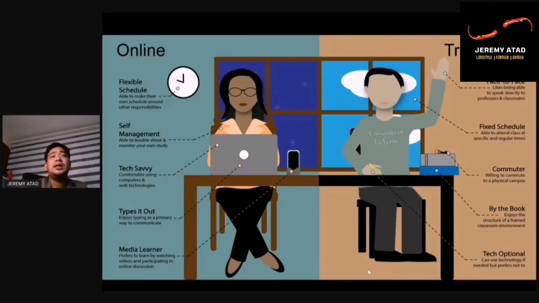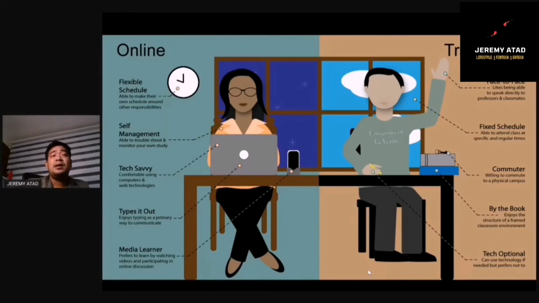So if you take a look at the illustration, the perks of an online learner: it has a flexible schedule. He or she will be able to make their own schedule around other responsibilities. He can be assured of self-management, able to troubleshoot and monitor his or her own study.